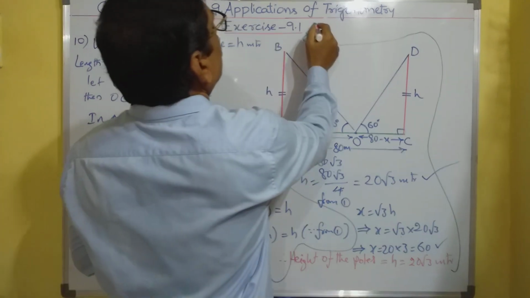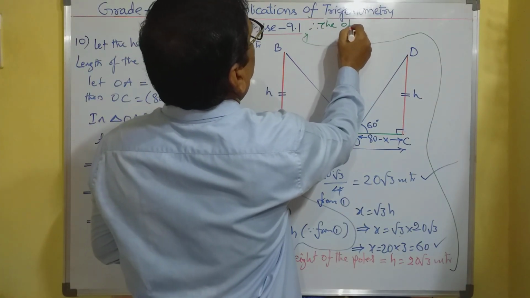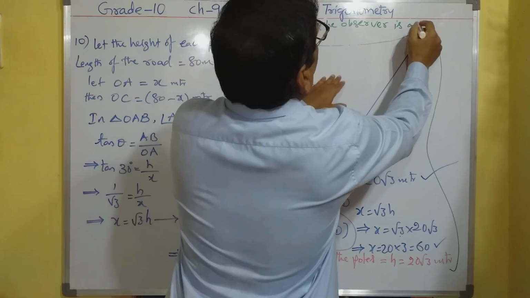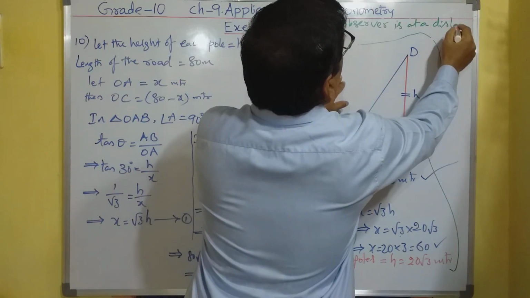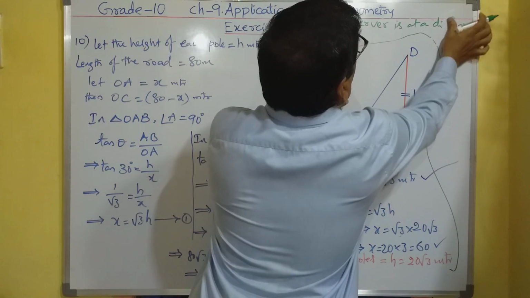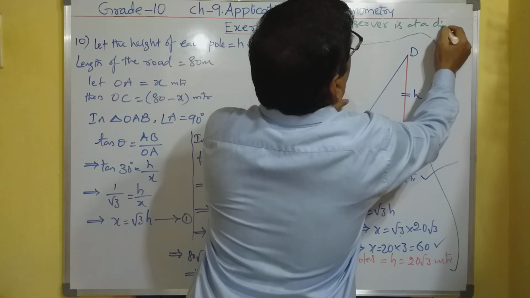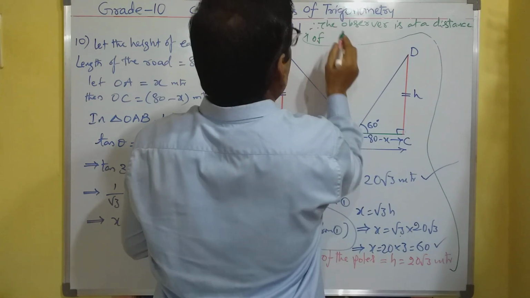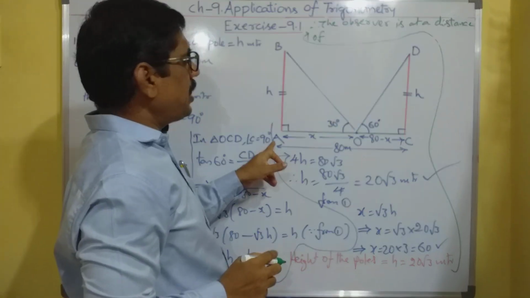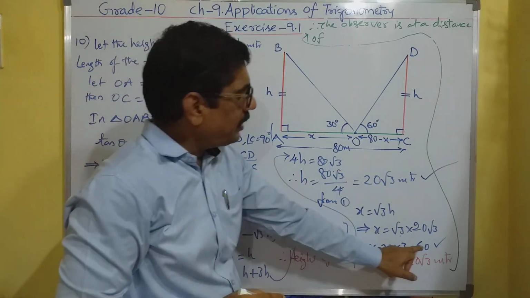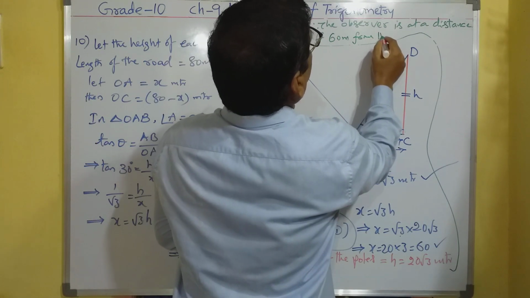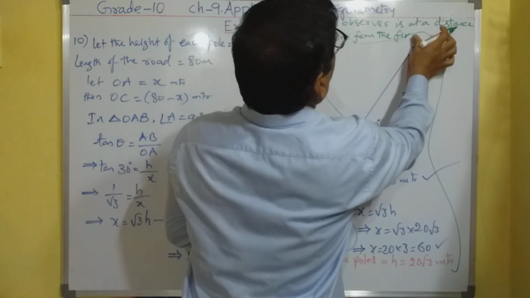Therefore, the observer is at a distance of x meters from A. x means, what is the value of x? 60 meters from the first pole.